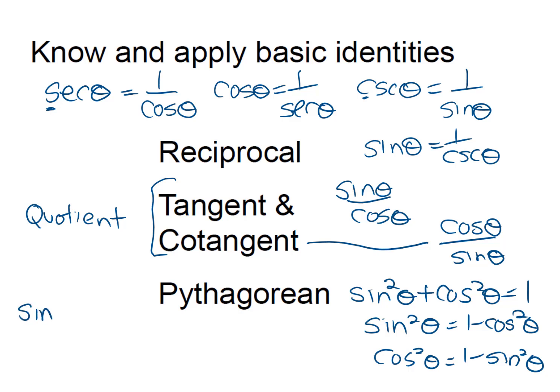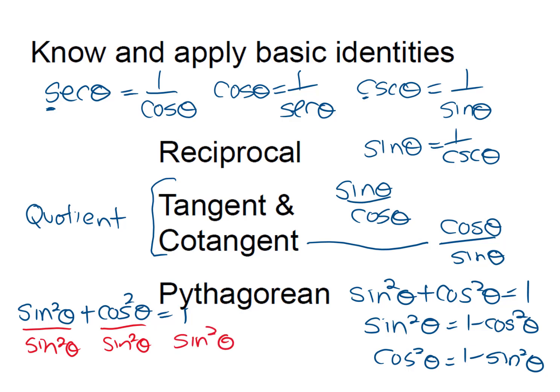So I'm going to write down the fundamental identity again, sine squared theta plus cosine squared theta equals 1. And the way you can get the others is you can divide everything either by sine squared or cosine squared, depending on what you want. I'm going to divide all of these terms by sine squared theta to get the first one. I'm just dividing everything by sine squared theta. And then I'm going to simplify.